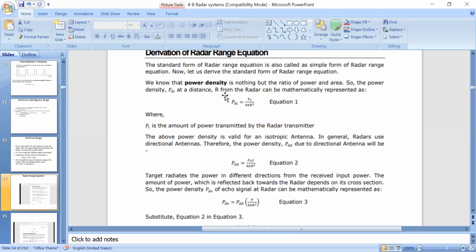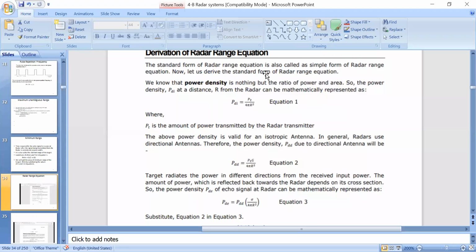The power density at a distance R is given as the ratio of power to area. The power is PT, where PT is the total power transmitted by the radar transmitting antenna, and the area formula is 4 pi r squared. Call this equation 1.